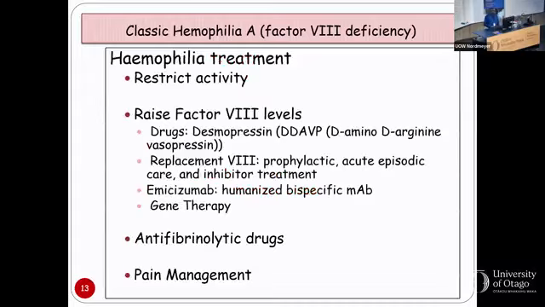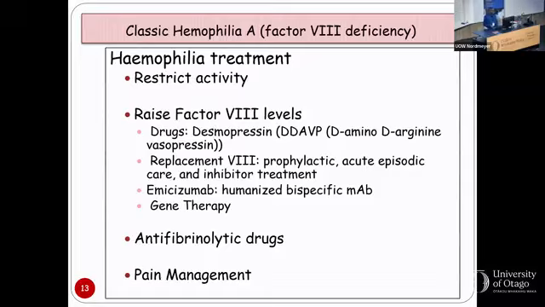Hemophilia can obviously lead to restriction of activity if we are not able to source the appropriate therapy. If it's mild, we might get away with drugs like desmopressin, where we're not replacing the factor. We are just using a drug that will release a temporary boost of factor 8.